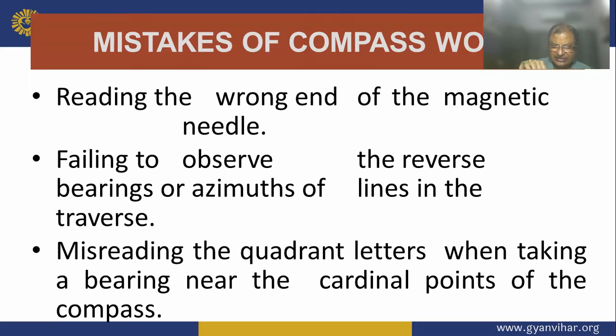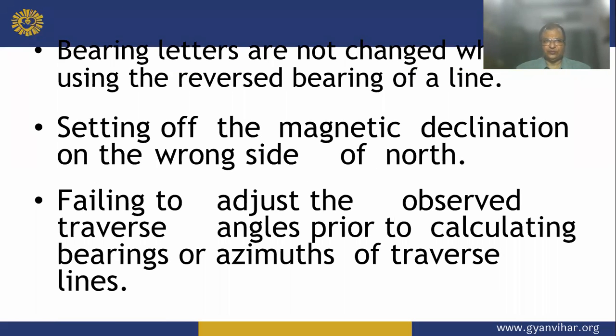Misreading the quadrant letter when taking a bearing near the cardinal points of the compass. Not correcting the bearing when using the reverse bearing of a line. Setting the magnetic declination on the wrong side of north and failing to adjust the observed traverse angle prior to calculating the bearing or azimuth of the traverse line.